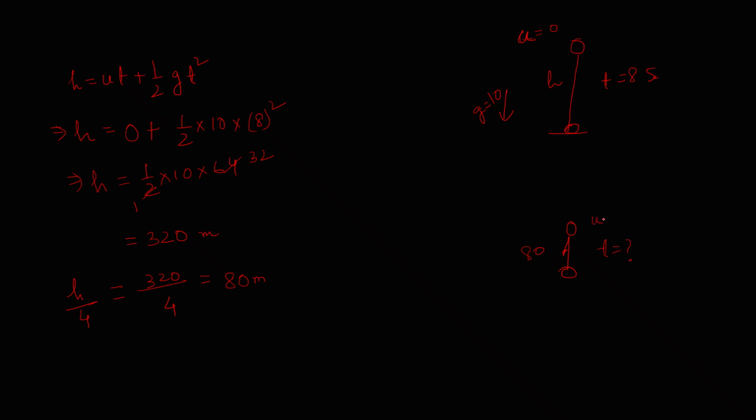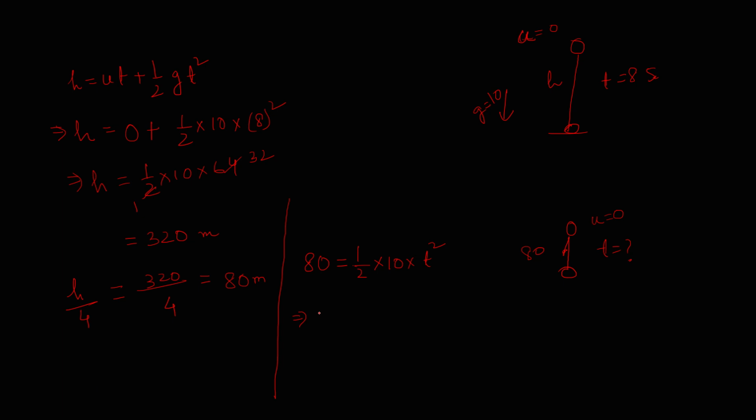In this question also u is 0. So let us find the time from this information. I am going to use the same equation. Now h is 80. 80 is equal to half of g, which is 10, into t square. t square we do not know.